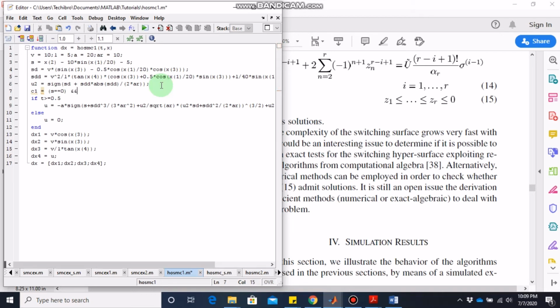And this is the logical AND operator, sd equal 0 and sdd equal 0. It's very important that you put parentheses around the conditions so that MATLAB knows that there are 3 separate conditions and there is an AND operator.